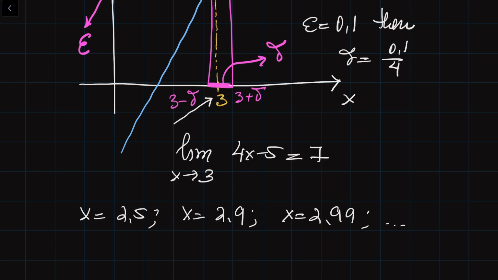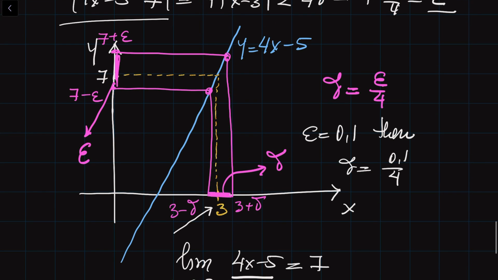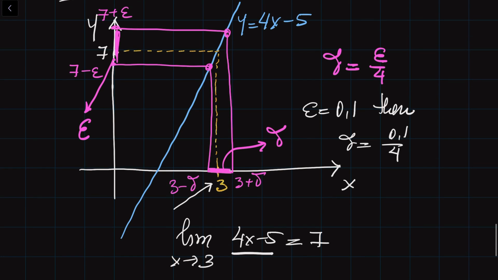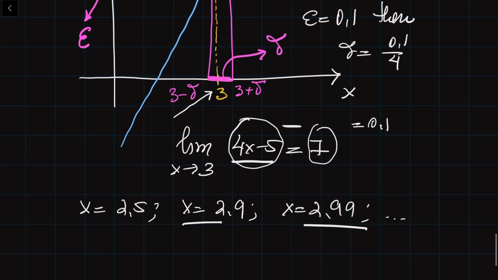So we chose values of x closer and closer to 3 in order to see what the value of this function is going to be. And this definition now gives you insight about how much you should come closer to 3 so that 4x minus 5 comes close enough to 7. So it tells you that if you want this distance to be 0.1, then you should continue here.